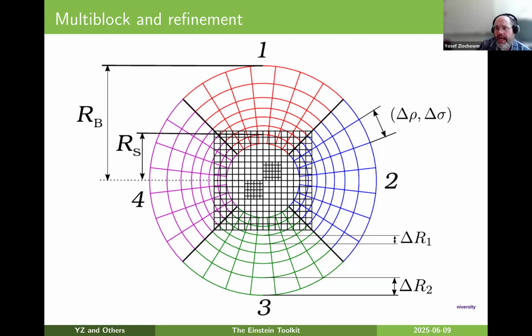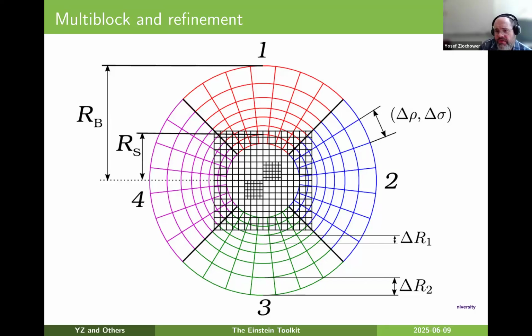As we move away from the black hole, we need less resolution. So we could imagine immersing this high resolution block inside a larger, lower resolution block, or let's call it level. And then those might be immersed in even coarser levels, and so on. And again, Einstein Toolkit will be able to handle that.